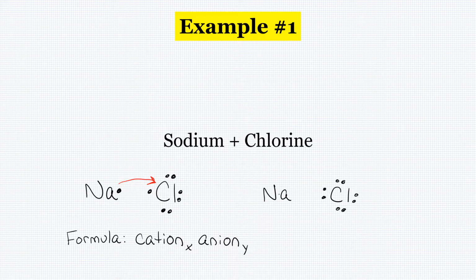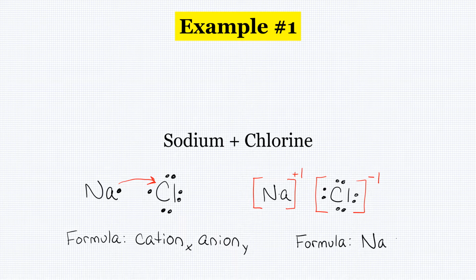So I'm going to draw in my brackets. And that last step was to include a charge. Sodium lost an electron, so it now has a +1 charge. Chlorine gained an electron, so it has a -1 charge. Now, when I write out my formula, I'm going to write NaCl.